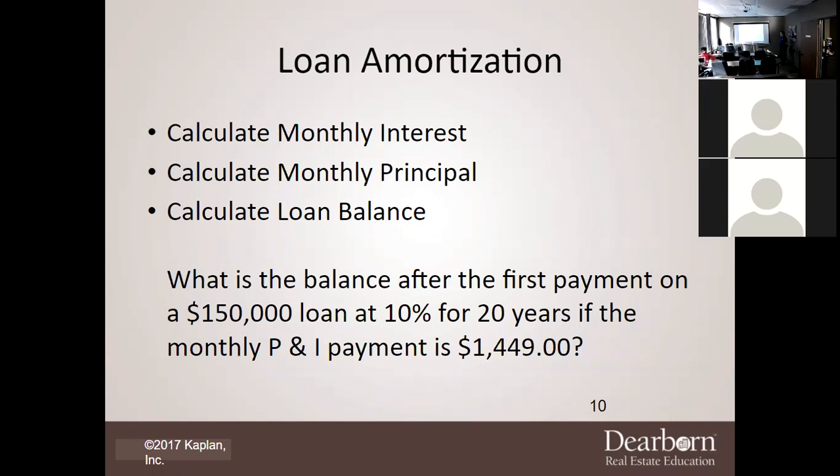That's right. Subtract 1,449 from it. That's correct. Say that louder for them so they hear you. Take the 150,000, add the 10% of that to it, so 165,000, and then subtract 1,449 from that. Which will give you your breakdown because they're only talking about after the first payment.